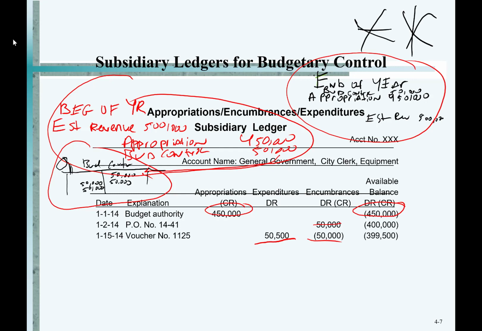I don't care what the stuff comes in for, what the actual expense is. You reverse it for the budgeted amount, don't you? Debit the budgetary control, credit the encumbrance, and then debit expenditure, credit vouchers payable or cash, I guess you could pay cash, for the actual amount, right? Okay, good. And by doing that, in our appropriations ledger, we're making sure we're not overspending our appropriation.